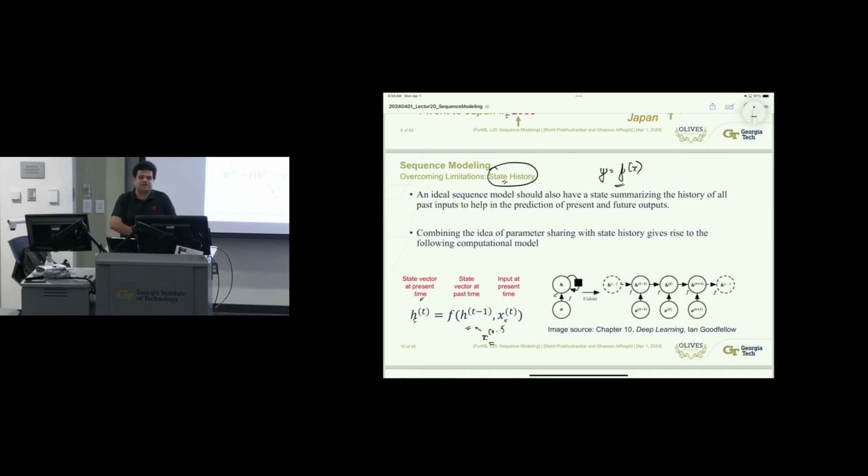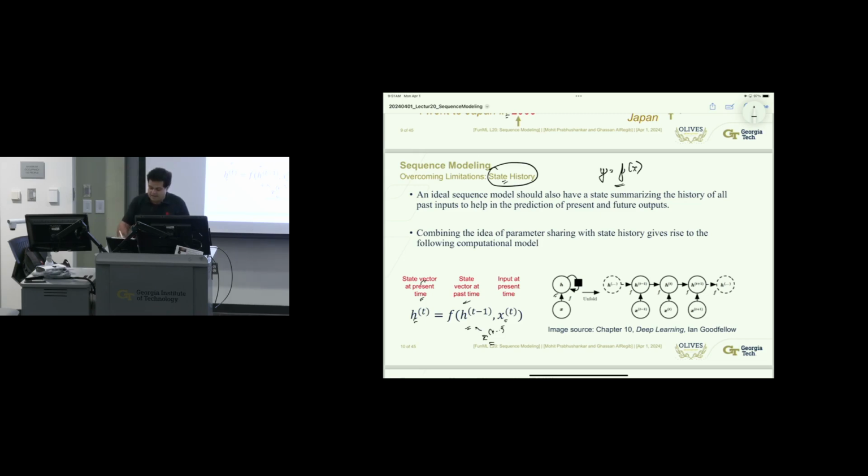So representation is the same thing. In CNNs, when we had talked about it, it's the latent representation within the autoencoder that we're going to be discussing as state vector in this particular case. So at present time, h of t is a function of state vector at past time, which is h of t minus 1, and the input at present time, which is x of t.